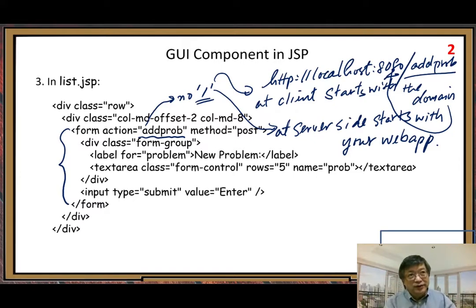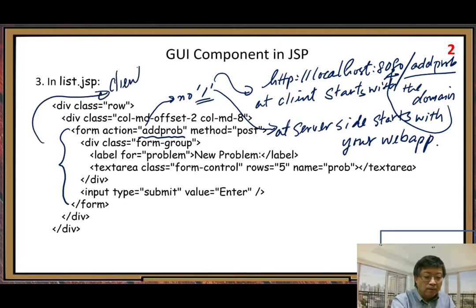A little tricky, so you need some experience to get that. Here, we are at the client side. This page is at the client side. All right, so we use this first rule, it starts with the domain name. All right, so after that, then the text area, the name, the parameter name. Look at here, the parameter name.